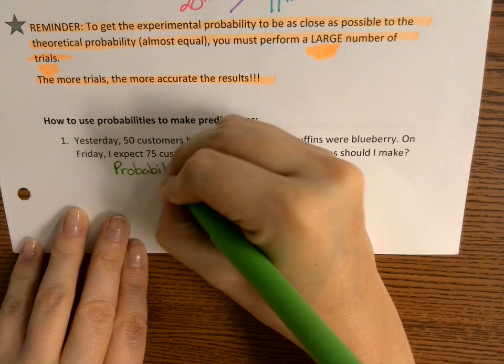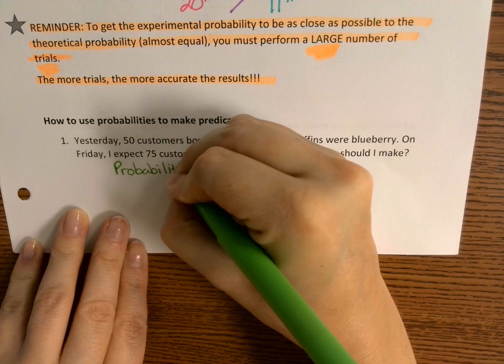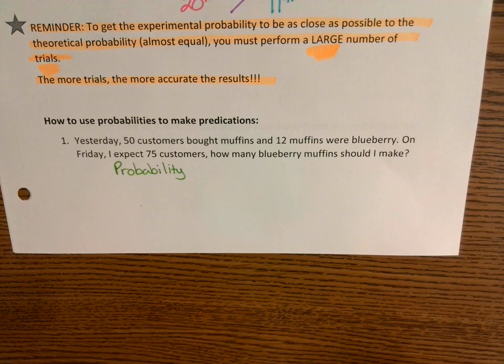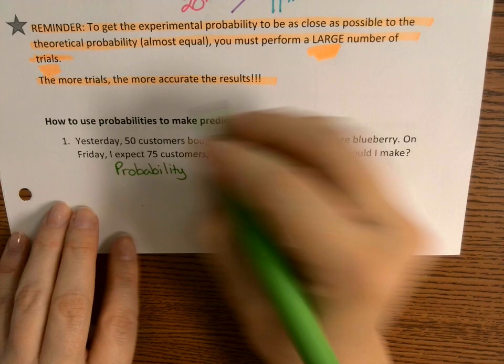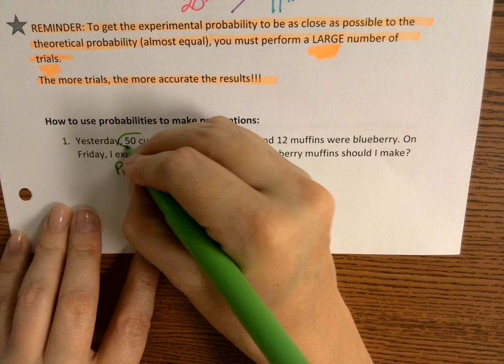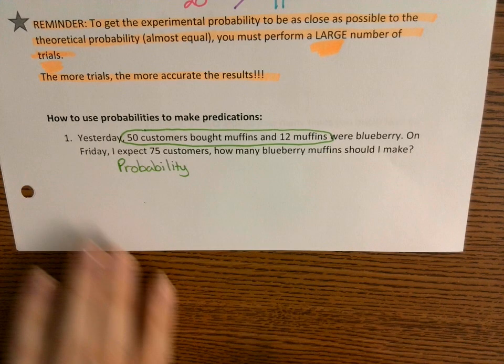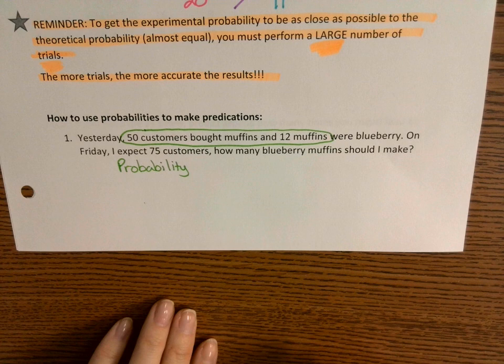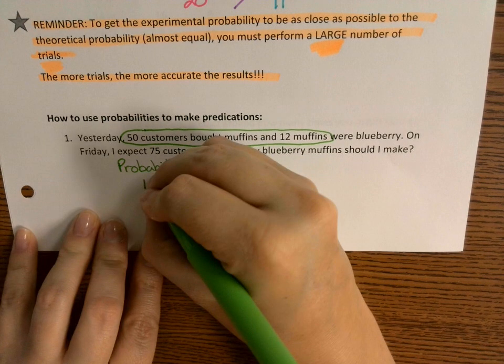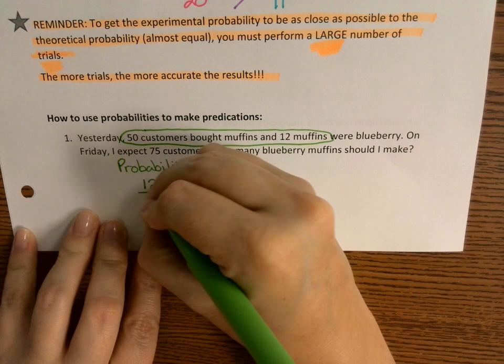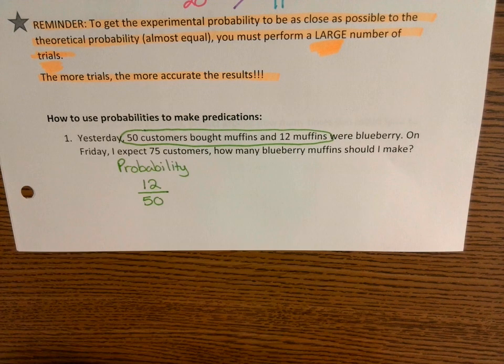So in the problem, my probability is based off of what I know, that there were 12 muffins out of 50 customers. I had 12 muffins out of 50 customers. And then I'm going to set this equal to what we call the prediction.